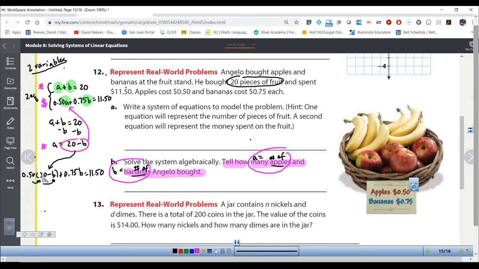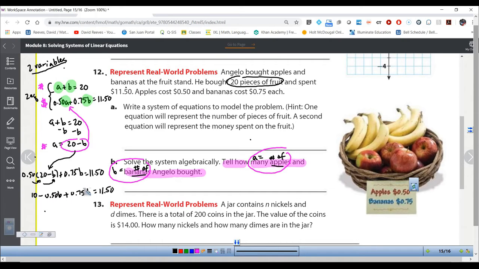And when I do that, 50 cents times 20, or 0.5, half of 20 is 10. So I get 10 minus 0.50b plus 0.75b is equal to 11.50. And now I'm going to go ahead and combine my like terms.